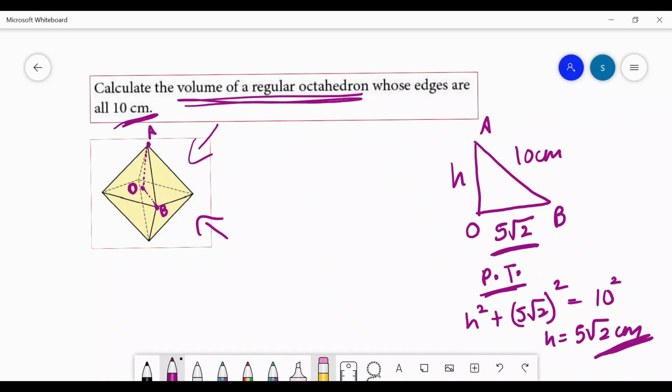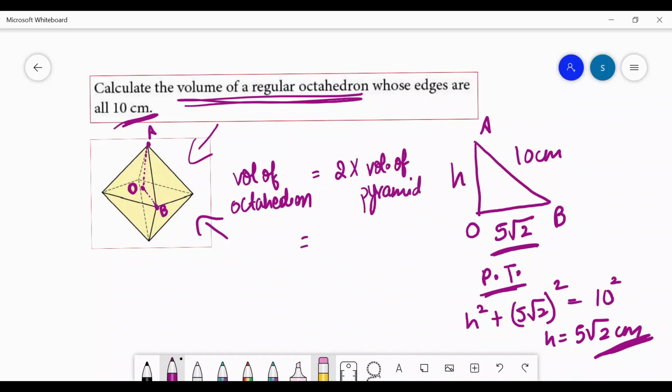Now since we have the height, we can easily calculate the volume. So let me write it here. Volume of octahedron is equal to 2 times volume of pyramid. That is going to be 2 into 1 by 3 base area into height.